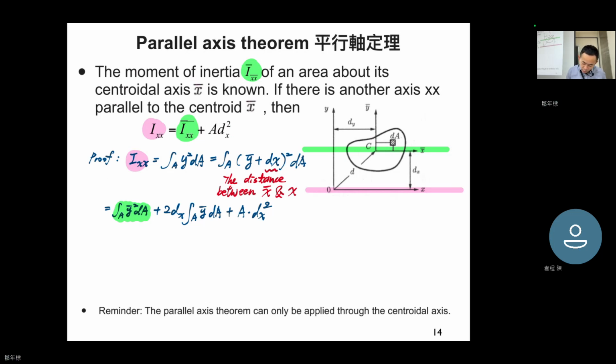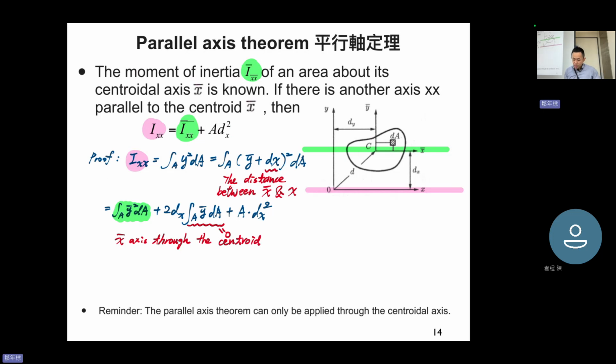And we notice that the integral of y bar dA is actually equal to 0, because the x bar axis goes through the centroid, right?